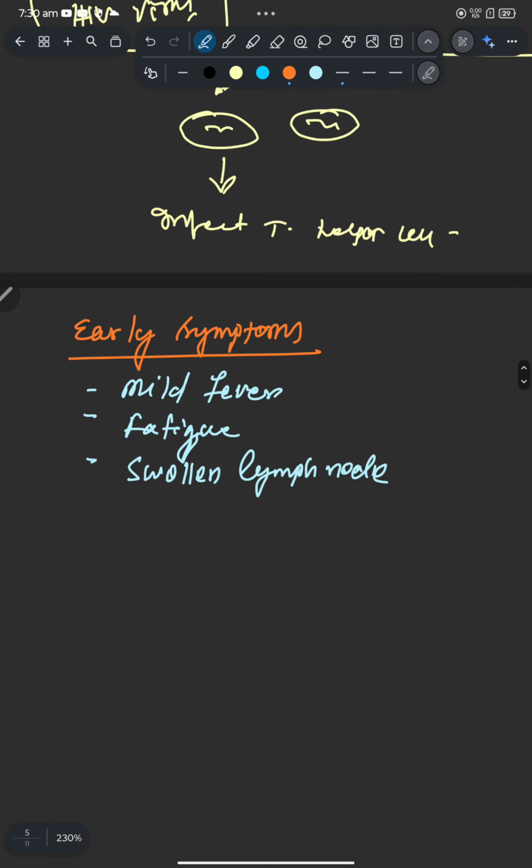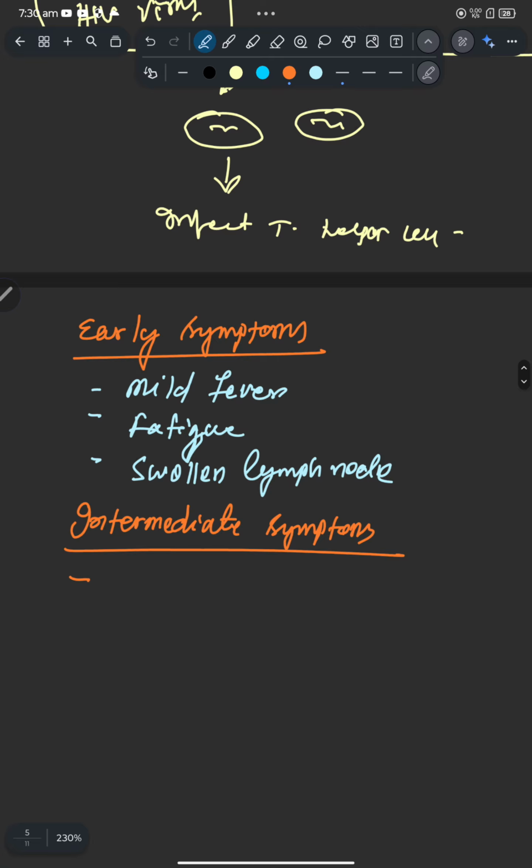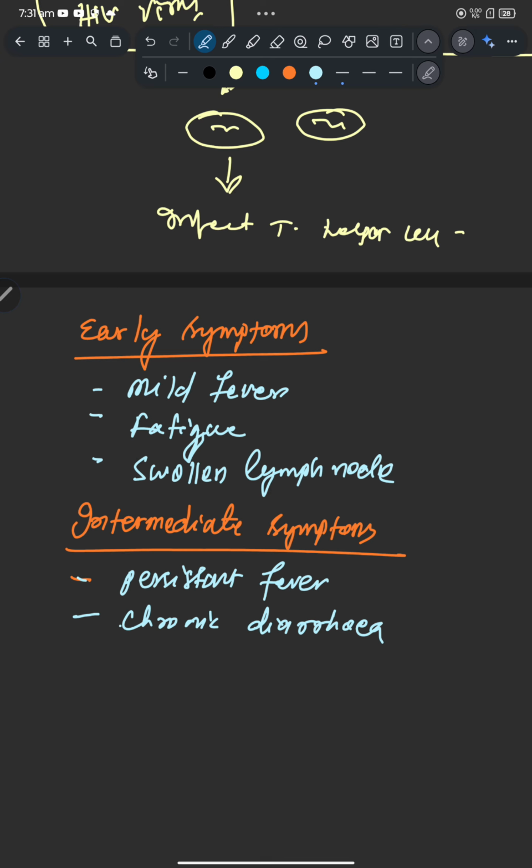Now come to the intermediate symptoms. The intermediate symptoms include persistent fever. There will be fever, and it will not reduce. So persistent fever, then chronic diarrhea, weight loss.